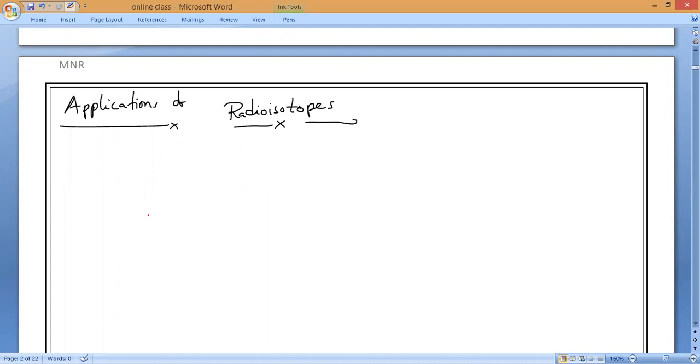But if used properly, with proper safety, they have plenty of applications for us. That is why at the beginning they were scared, but later, as they came to know the applications, it is widely used in our present century, the 21st century.